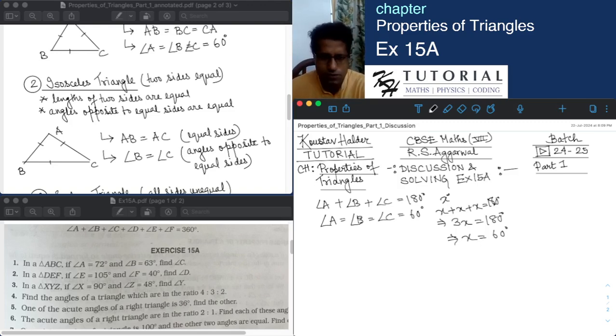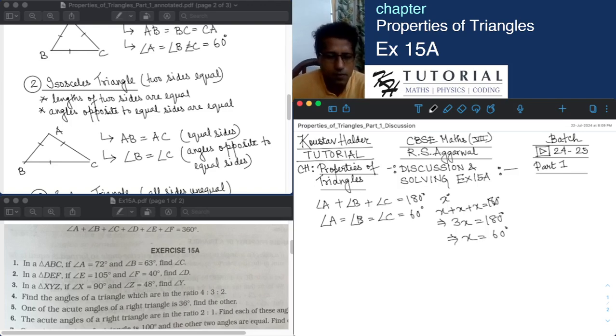These are the 2 equal sides, and in an isosceles triangle, another important property is that the angles opposite to the equal sides are also equal. So the angle opposite to the side AB is C, and the angle opposite to the side AC is B. So angle B will be equal to angle C. This is for the case when the sides AB and AC are equal.